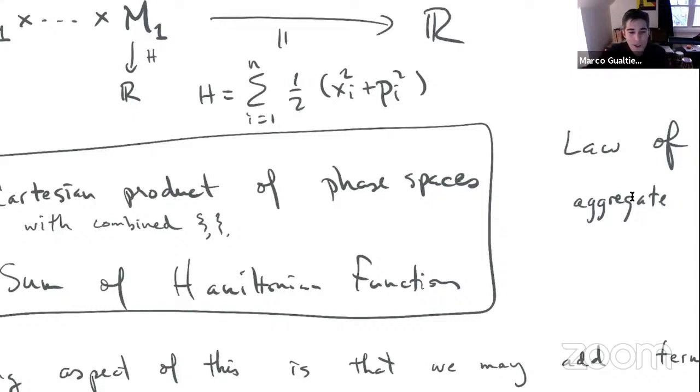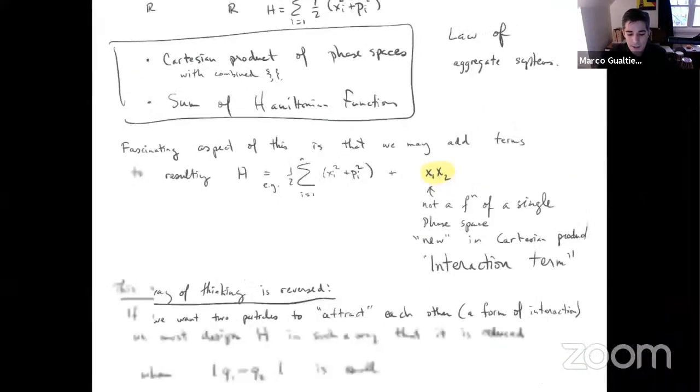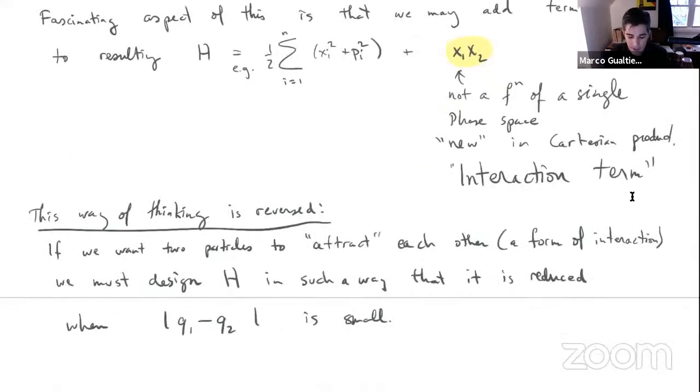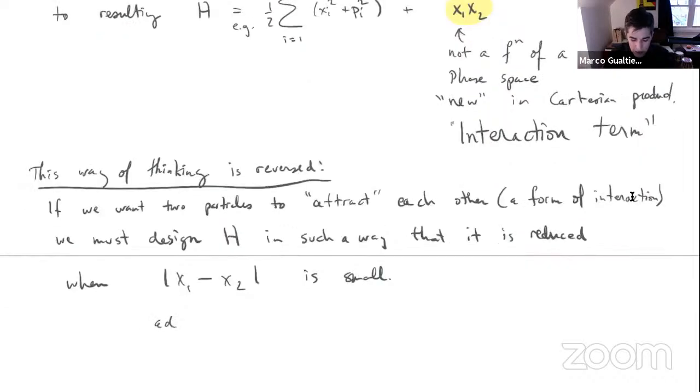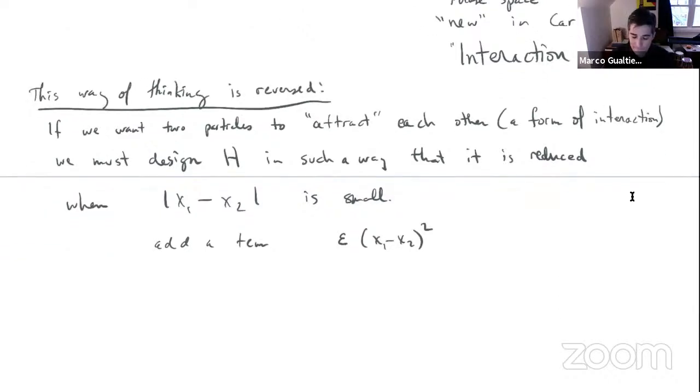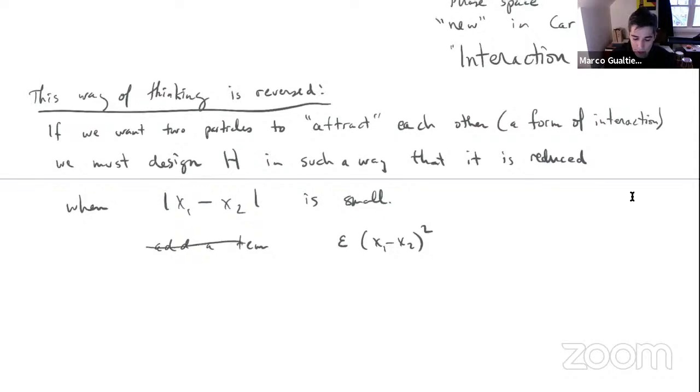It means that the Hamiltonian function is affected by x1 minus x2, instead of q1 minus q2. So what we could do is add a term, let's say epsilon (x1 minus x2) squared. I'm sorry, we should subtract a term.